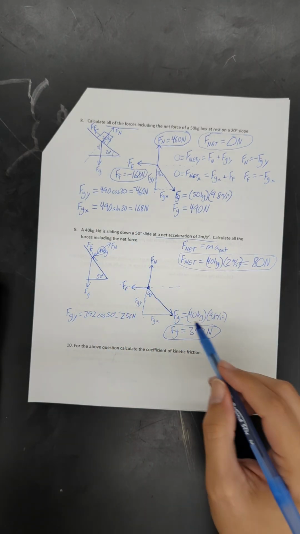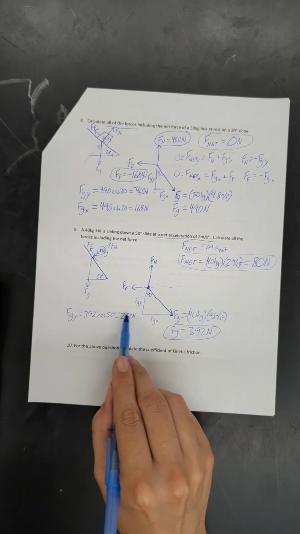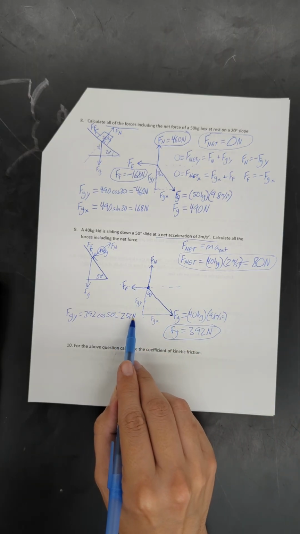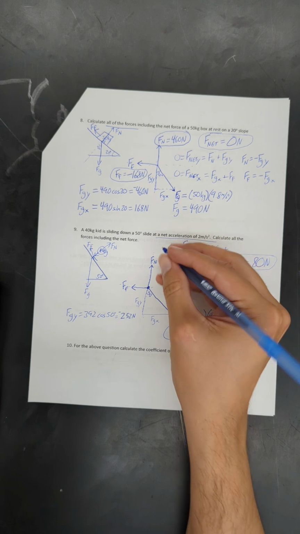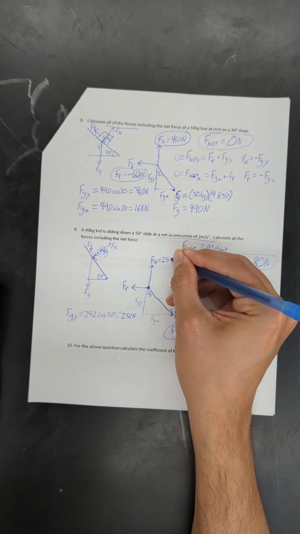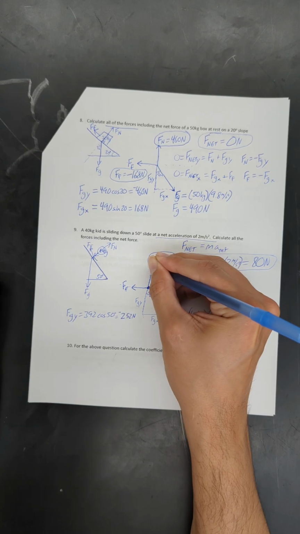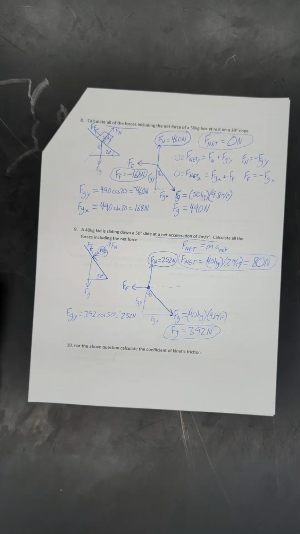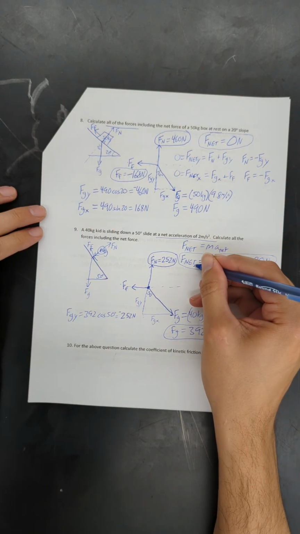The F net Y equals 0. So this negative 252 needs to cancel out with your 252 from your normal force to equal 0. So this is actually the normal force. We've now got our normal force. And we could add here that this is actually all in the X direction.